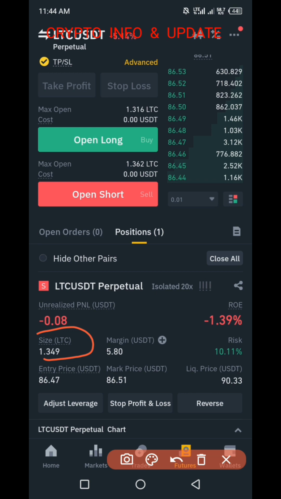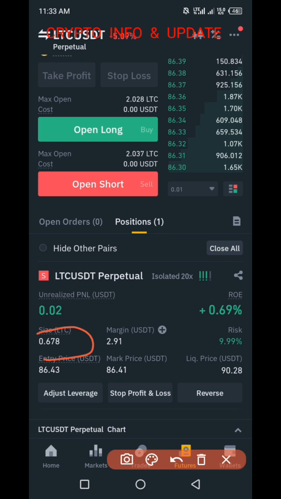Do you understand? If you observe here, this was the first entry price, before I placed the second entry price, when it was still running. The size of LTC here was 0.678.